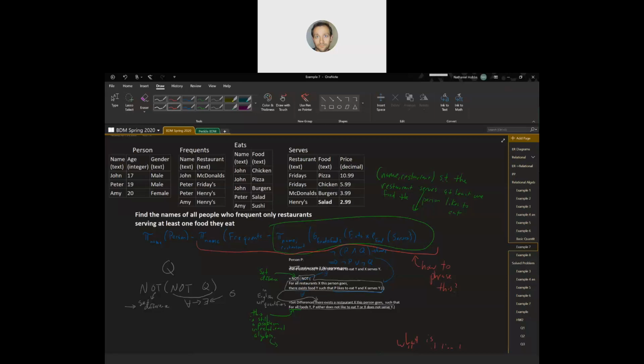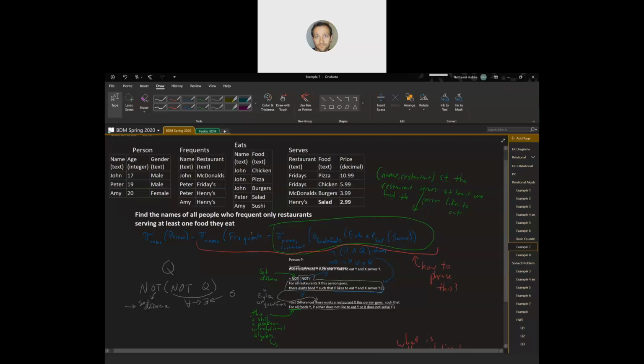So, here is people who go to some restaurant such that there's some food that they like to eat that's served at the restaurant.